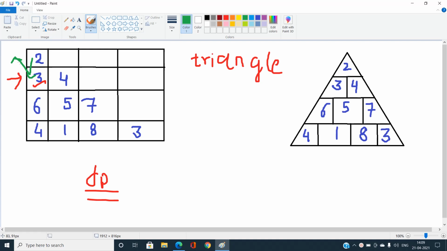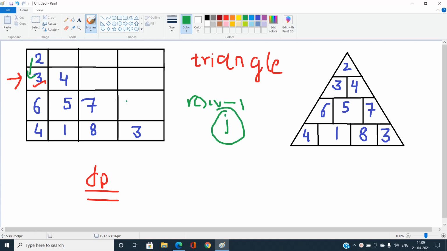You can see this is out of the bounds of this matrix, so this is not possible. So if we are at this 3, we can always come from the above 2, that is row minus 1, and the column remains the same, that is j remains the same.